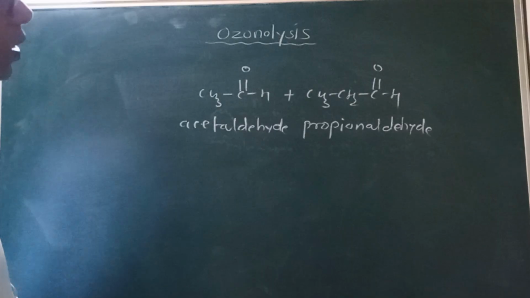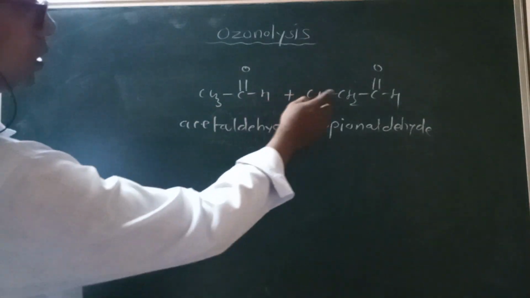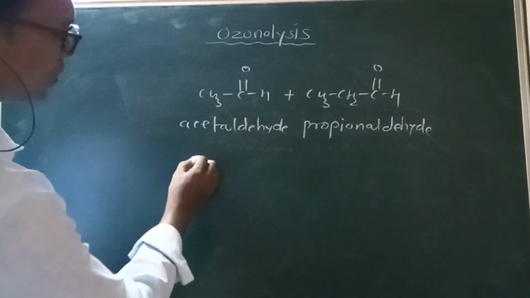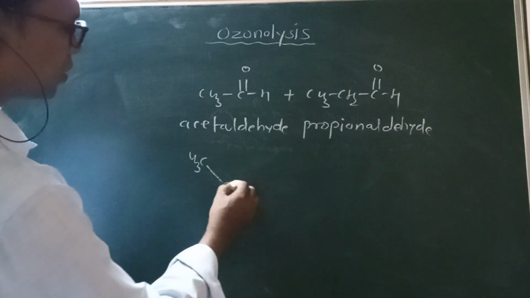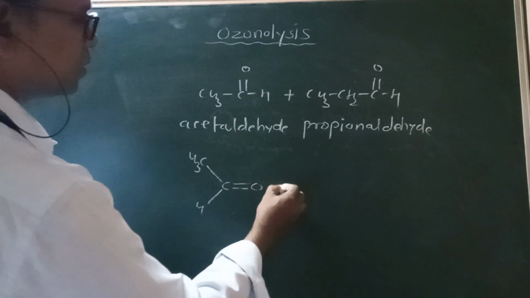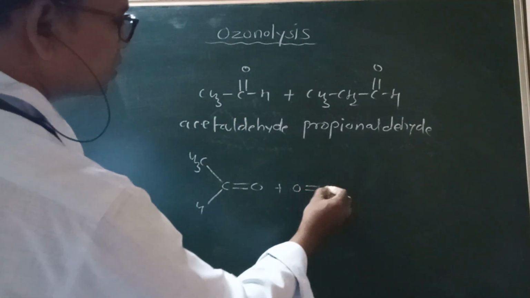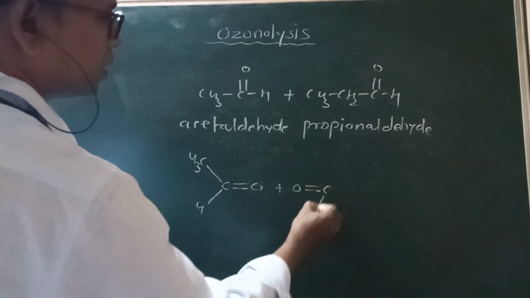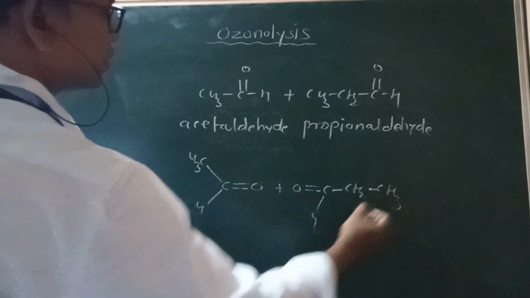Okay. So how to identify the structure of that alkene? What do we have to do? We have to arrange these two compounds in such a manner that we can easily remove the two oxygens. So it is acetaldehyde, and we arrange them in front of each other: O double bond C, C double bond O, then H, and here CH2 and CH3.